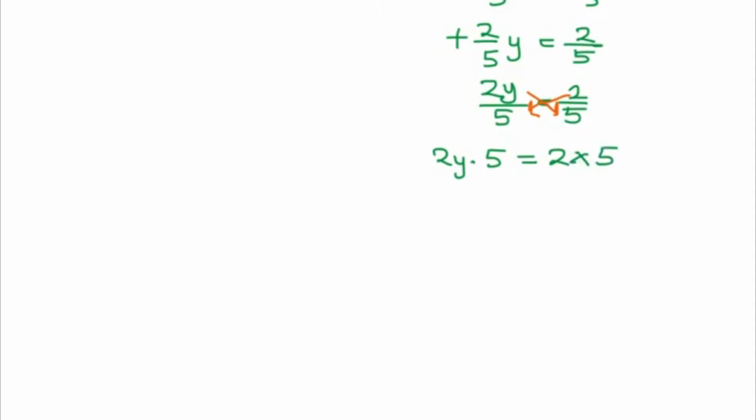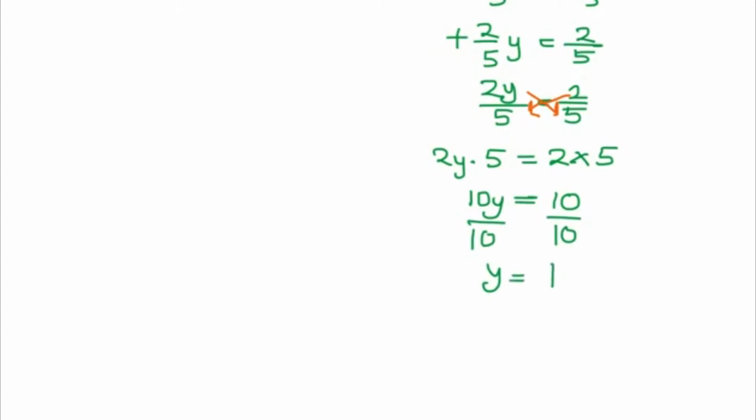So 2 times 5 is 10. y is brought down, and this here is 2 times 5, 10. And here we have to isolate y, which means we divide both sides by 10. And what we get here is y is equal to 1.